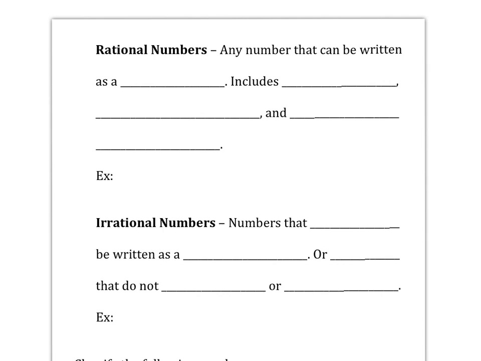A rational number is any number that can be written as a fraction, and it can include integers, decimals that end, and repeated decimals. So let's fill in this definition here. Rational numbers is any number that can be written as a fraction, and it includes integers, so the last definition we covered, decimals that end.